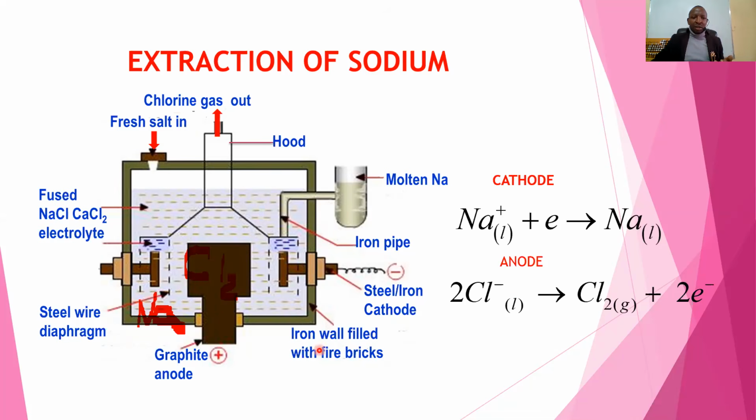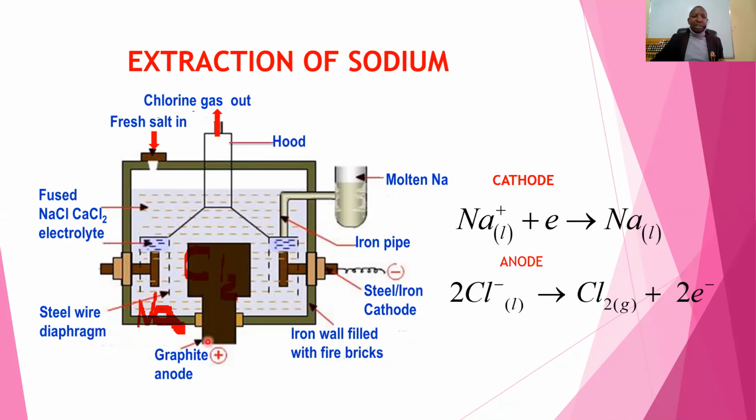So the role of the iron wall, that is this one, which is filled with fire bricks, is to maintain the high temperature so that the electrolyte does not solidify. So from that, I've tried to answer all the questions that are very, very important. Remember, the cathode is made up of steel or iron, because iron will not react with sodium.